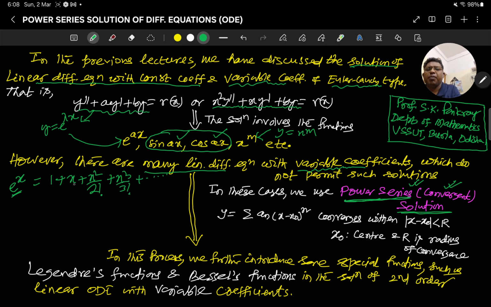You see, it is an infinite series here, or we can write it as the summation of x to the power n by factorial n, n is equal to 0 to infinity. So once we talk about an infinite series, this series must converge to a function. Such type of solution we will consider. If it does not converge to a function, then the solution is useless.